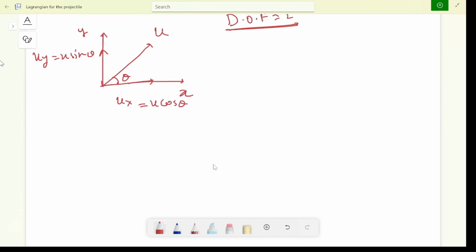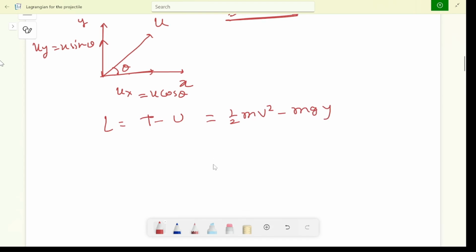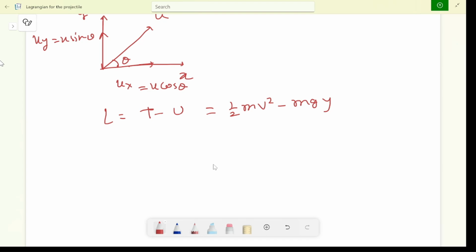So if we construct the Lagrangian now, the Lagrangian is just going to be the kinetic energy minus the potential energy, which is going to be half mv squared minus mgy. Now v can be divided into 2 parts, vx and vy.